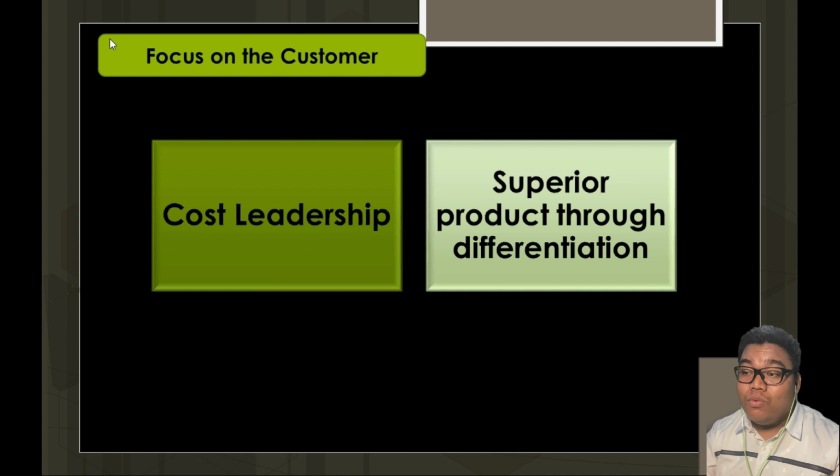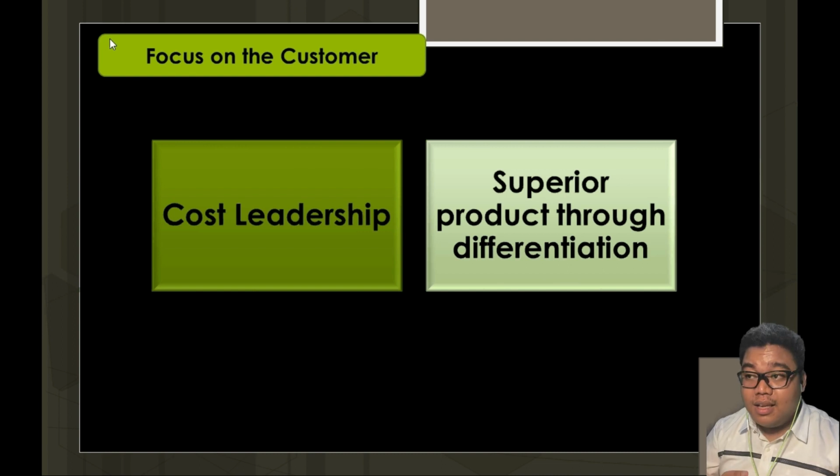So when they do that, customers actually want the product at a lower price. Of course, who does not want that? So as a focus on the customer, they develop mechanisms to make the product without spending too much on labor, overhead, and materials, in such a way that they can provide the product at a lower price.